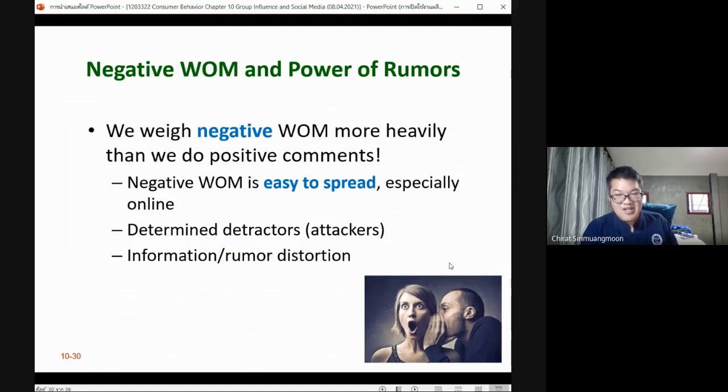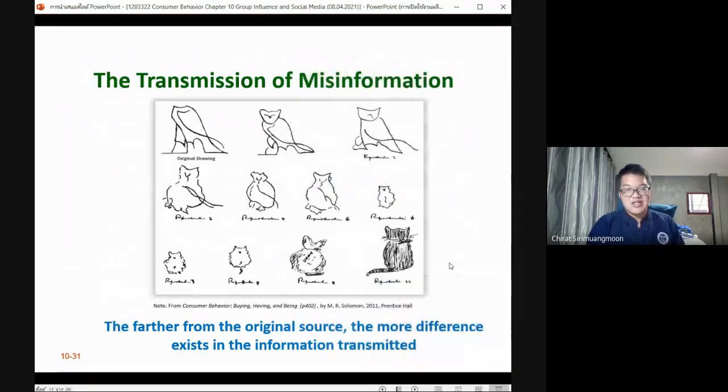But sometimes the negative word of mouth might not be from you, but from the competitors, who are trying to discredit your products. Or sometimes we need to be concerned about distortion or change during the transfer of information. I mean, if you say A, then the second person may not say A, but the third person may say E, O, F. So A from the first is not in the final one, like this. At first you might draw something in the top left corner.